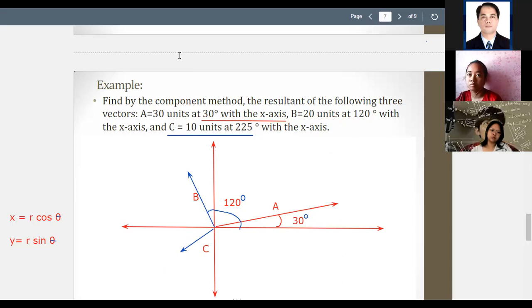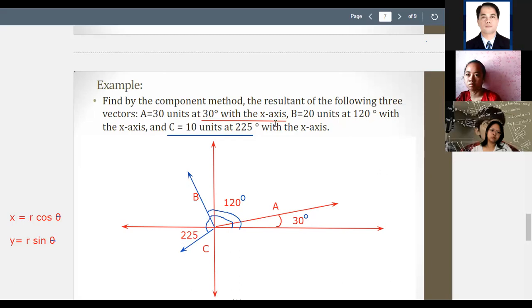The angle measurement there is 225 degrees. This angle here is equal to 225 degrees already. Do you follow?